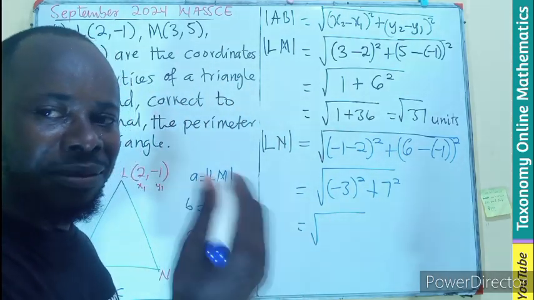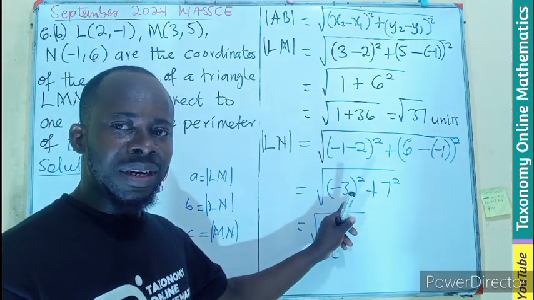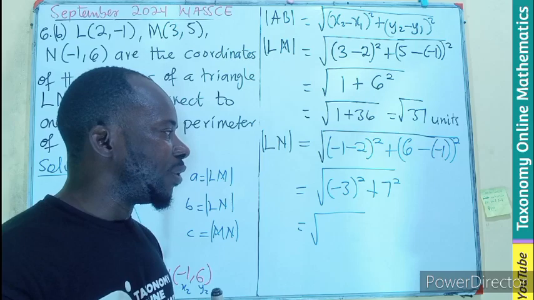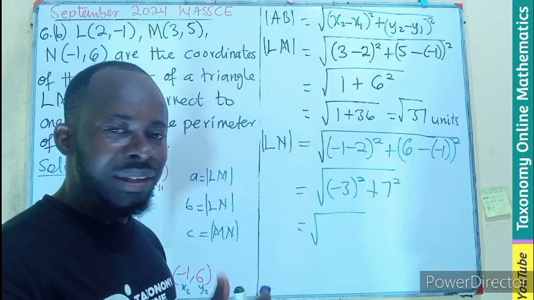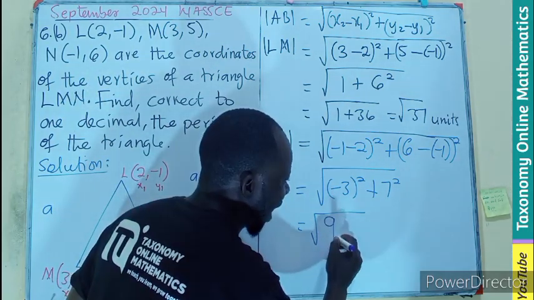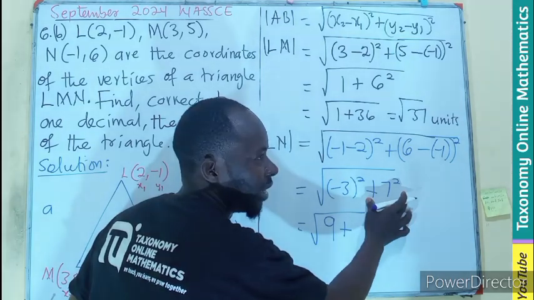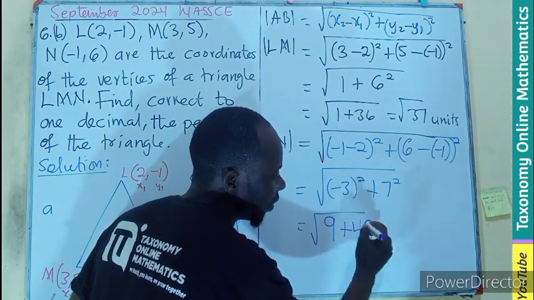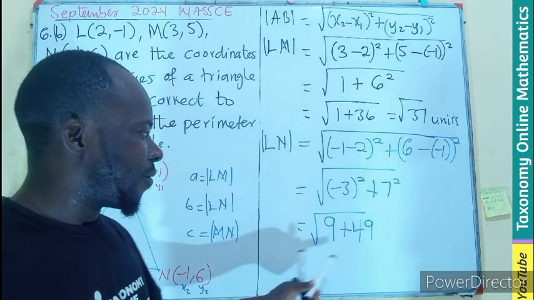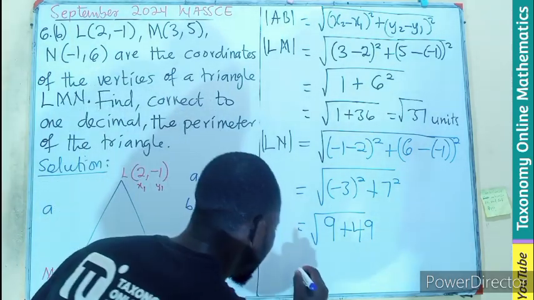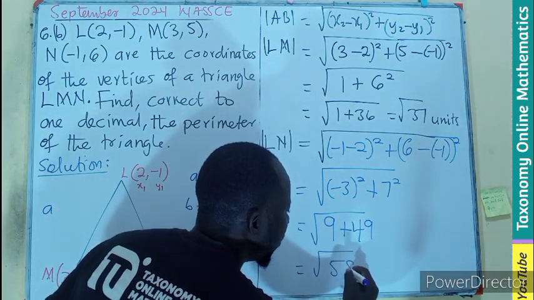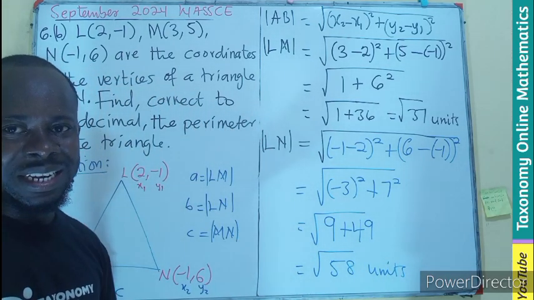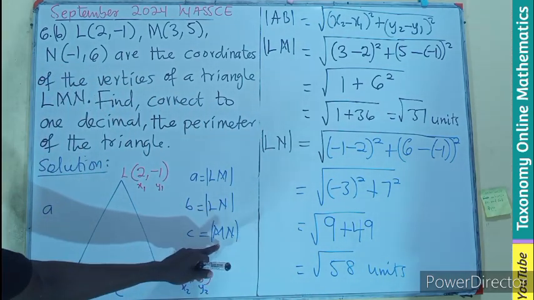Negative 3 times negative 3 is not negative 6; it gives us 9. Then 7 times 7 gives 49, and 9 plus 49 is 58. So the root of 58 is the length of LN. Now we are left with the third side.